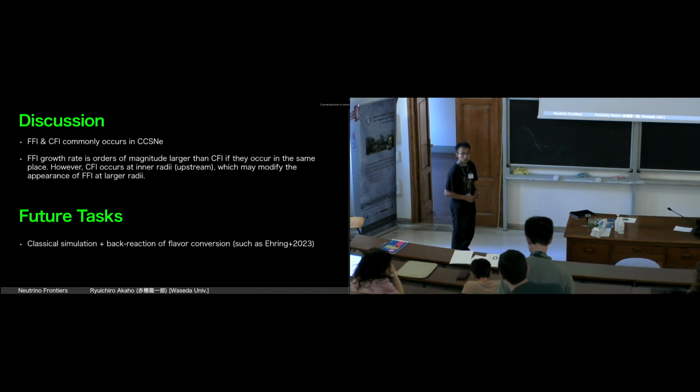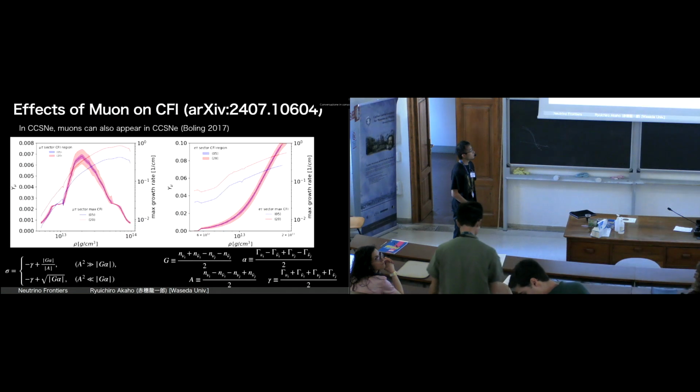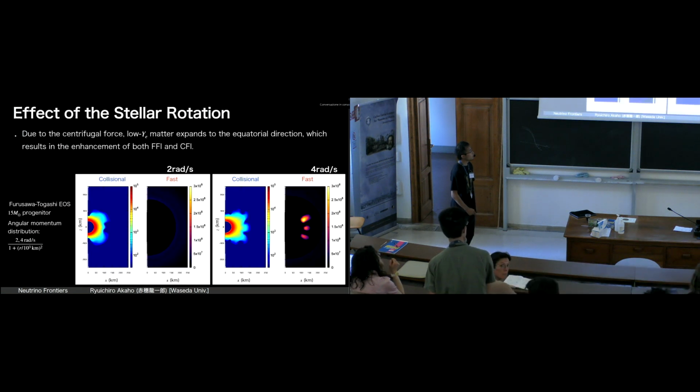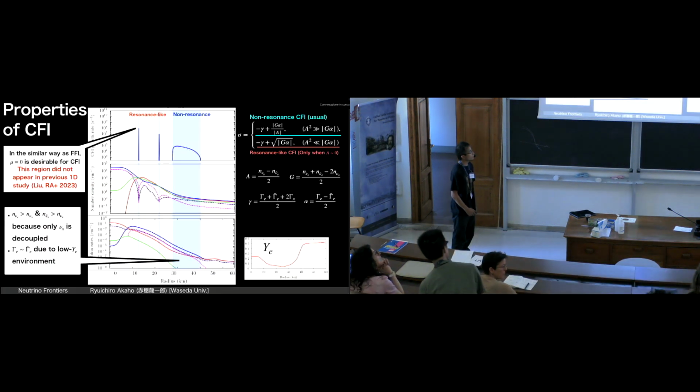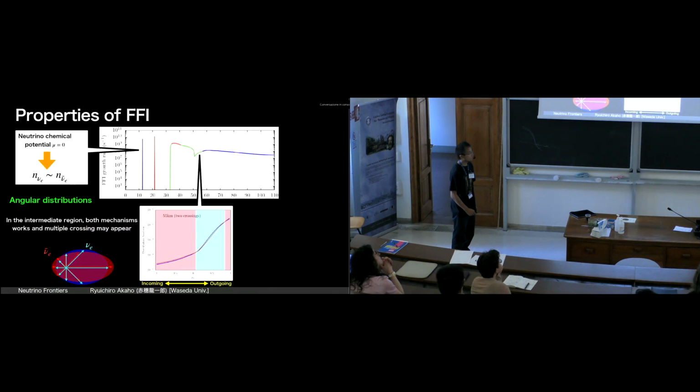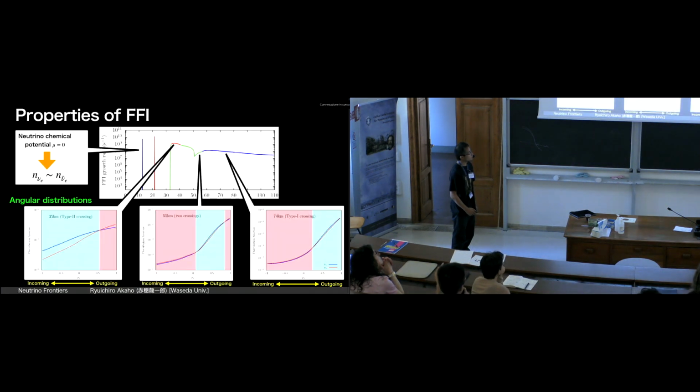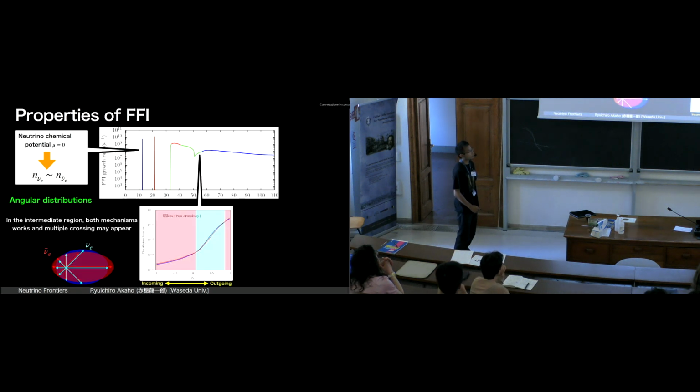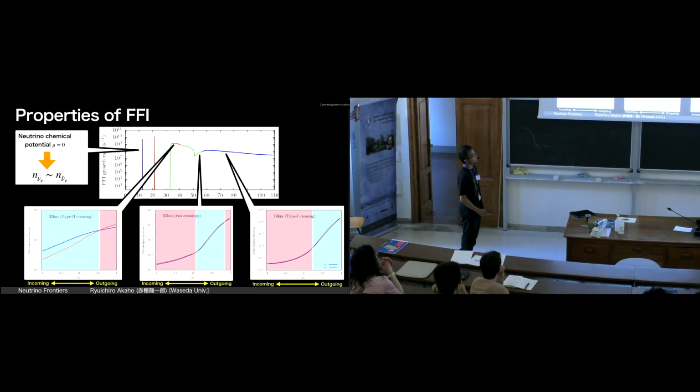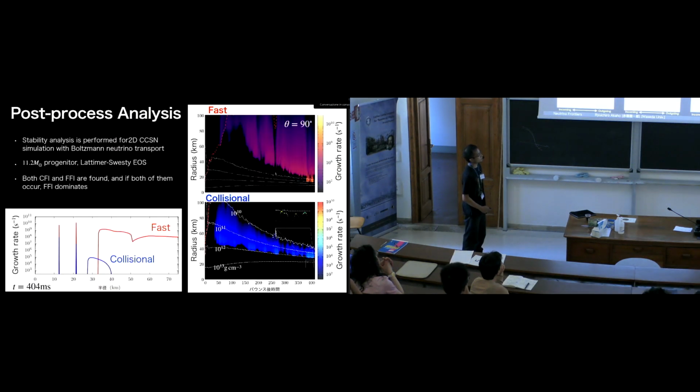Could you go back to your result about the position of CFI? Your plot with position and time. In this plot, it seems that the collisional flavor instability happens when the density is around 10 to 12 gram per cubic centimeter. Right.